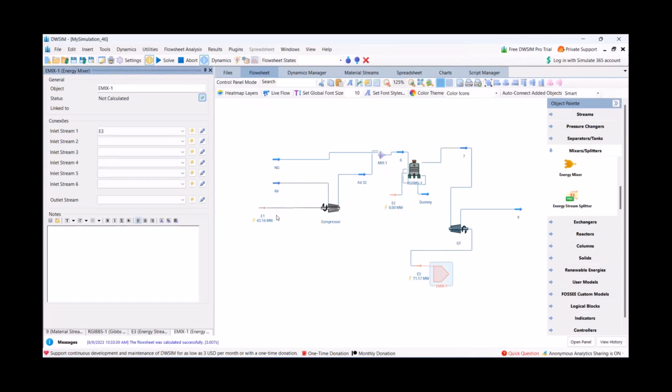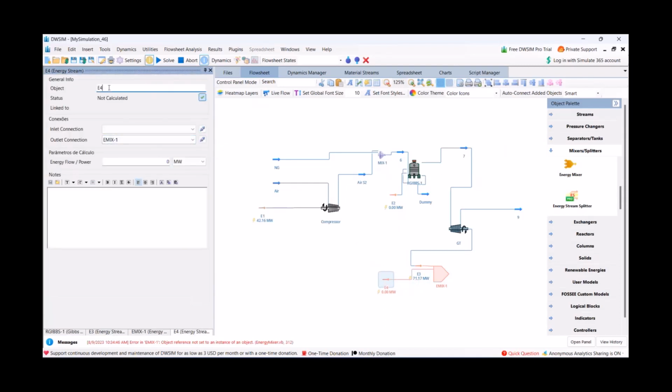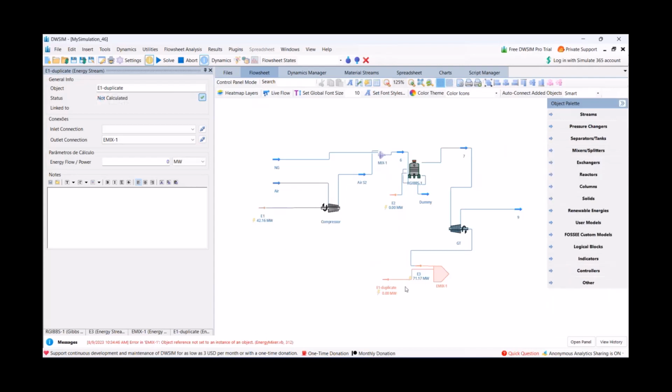We cannot mix even there, so we need to add another one, which is E1, but duplicate. I will name it duplicate. So how to do it automatically? How to use 42 megawatt here? We can use a logical block, a specification block, which is easy.